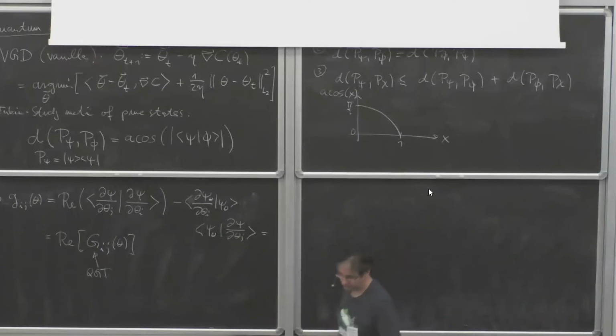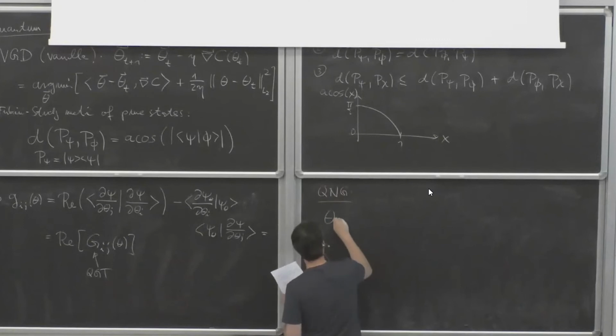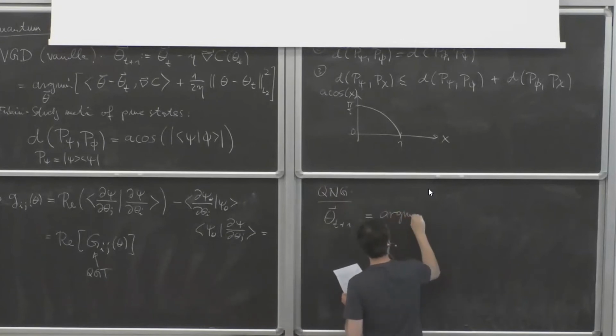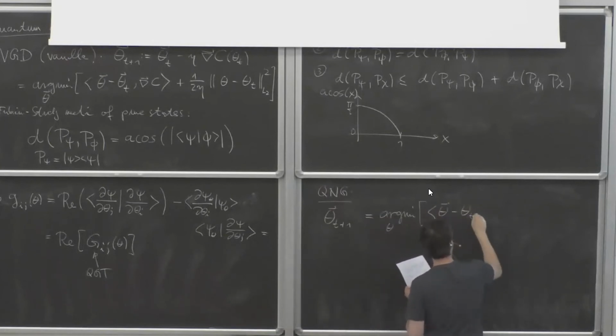Okay, so now, as I said, using this metric, we can actually define the quantum natural gradient descent update rule, which is you take the parameter theta t plus 1, which is the arg min over all theta of theta minus theta t in the gradient direction.